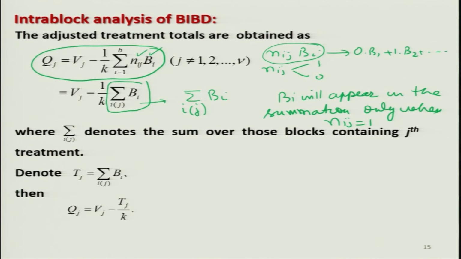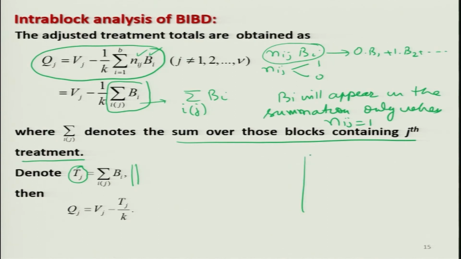This symbol indicates that the sum is being taken over those blocks which contain the jth treatment, and the sum of all such block totals is indicated by a new symbol Tj. So, Tj indicates the sum of all the blocks where the jth treatment is occurring.